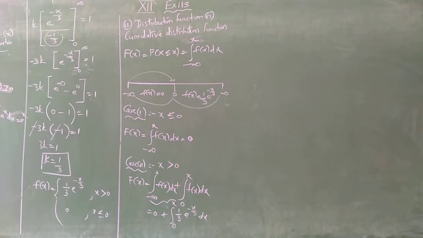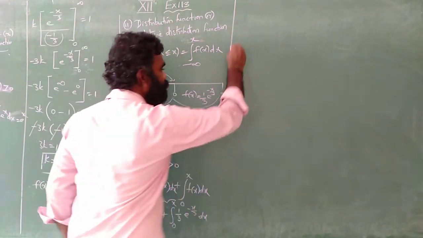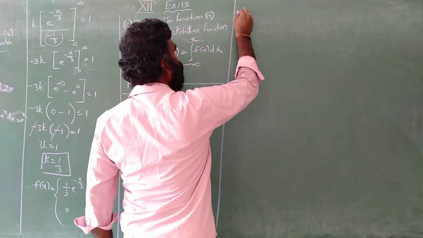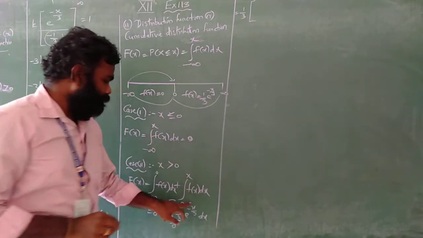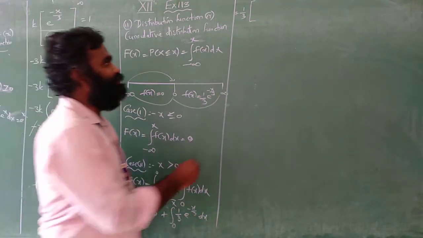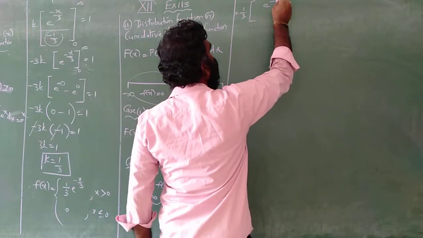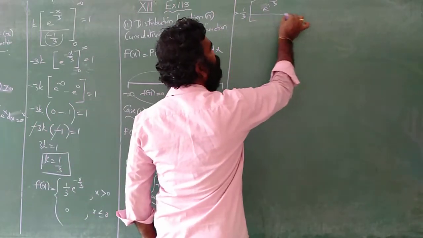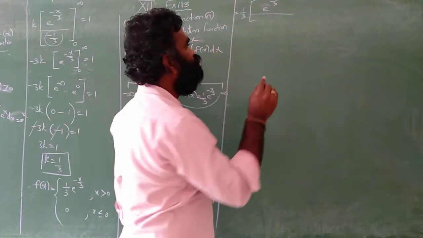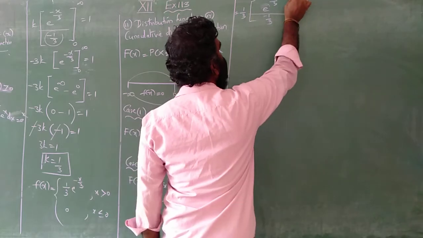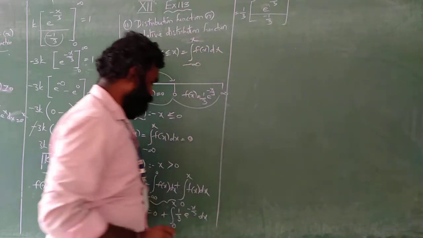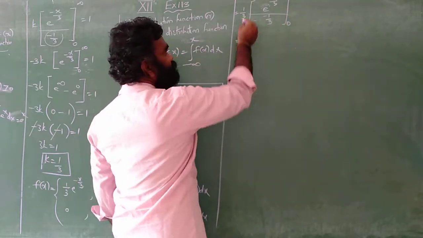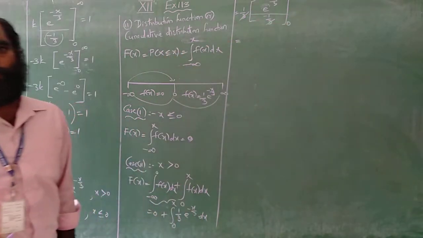Now I can apply the same formula. 1 by 3 is a constant, put it outside and open the bracket. The integration of e power minus x by 3 is e power minus x by 3 only, but I need to divide by the differentiation of the exponent, so I put minus 1 by 3. The limit is 0 to x. This 3 can be easily cancelled out.